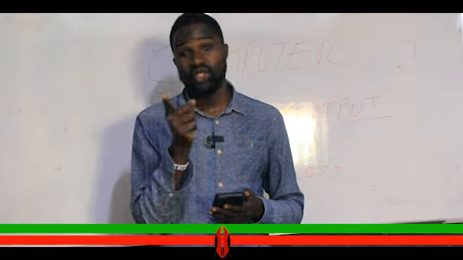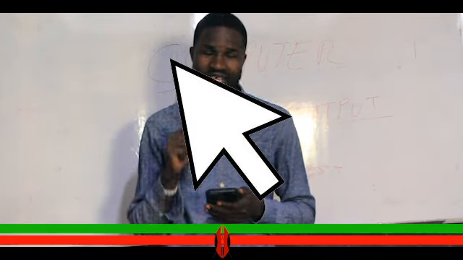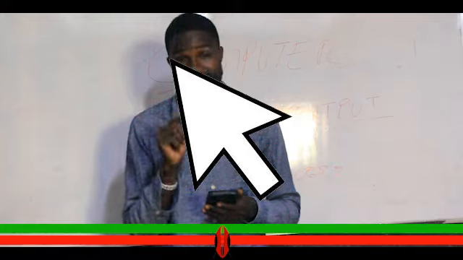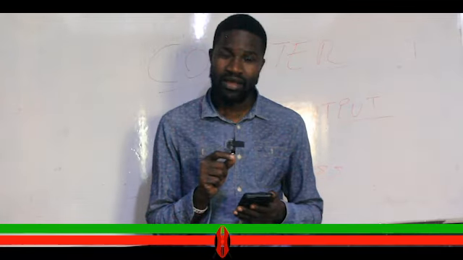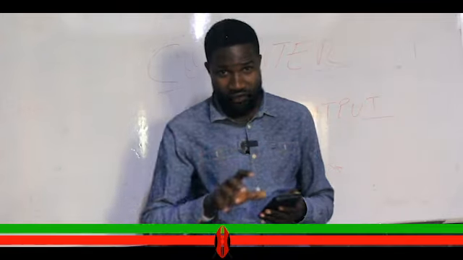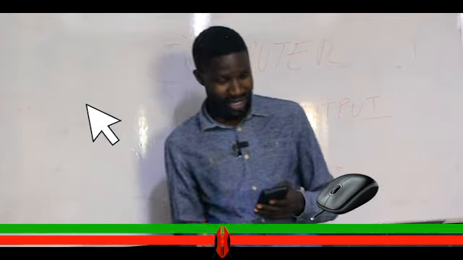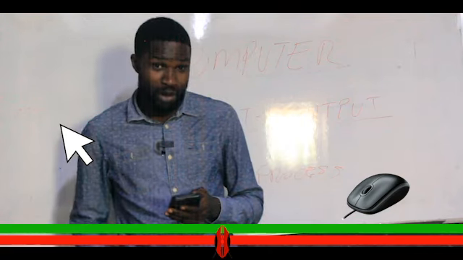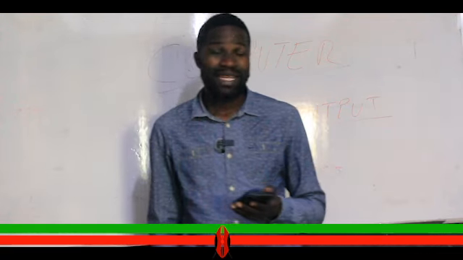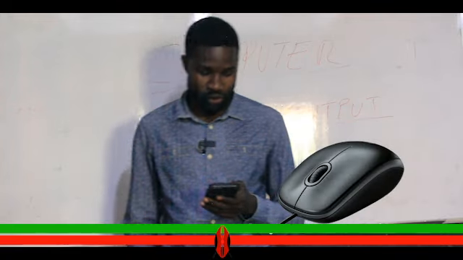The cursor is what you always see, like an arrow on your screen right now. The mouse helps you control the cursor by moving it on top of your desk or mouse pad. A laptop has a mouse pad, while a desktop uses a mouse.